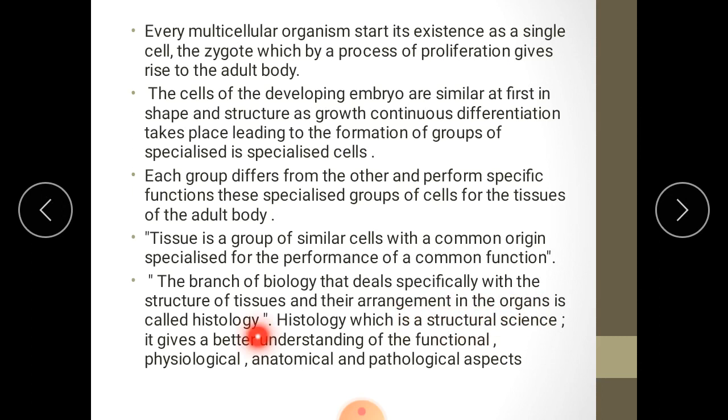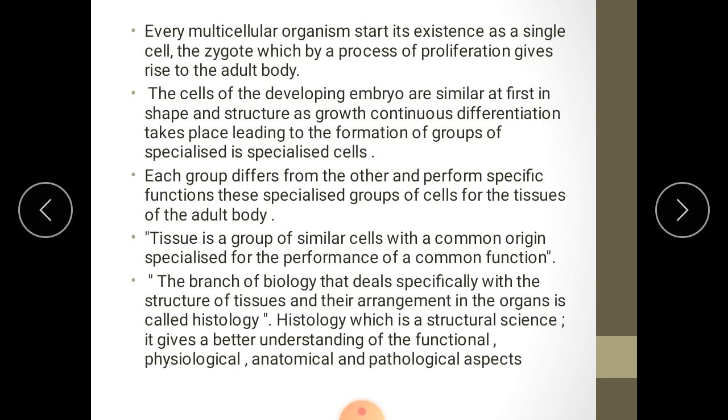So organs are made up of tissues. Tissues are made up of cells. Cells are made up of organelles, cell organelles. Cell organelles are made up of macromolecules. So macromolecules are made up of micromolecules.